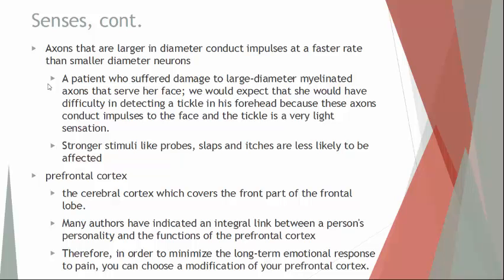Because of that large diameter axon being damaged, very subtle touches or subtle interactions will be harder for that person to detect than more violent, more abrupt interactions, like being slapped or being punched. That's a much stronger stimulus, and it's easier to detect as opposed to a light tickle or a light touch.